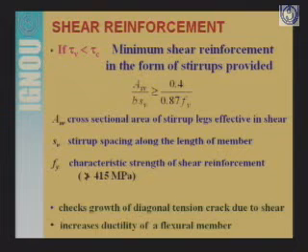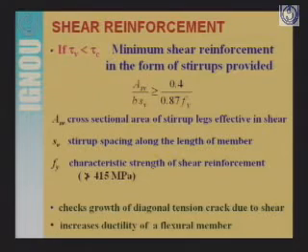By comparing these two values, we will reach the conclusion of how much shear reinforcement should be provided. So in the first case, if the nominal shear stress τv is less than the design shear strength τc, in such situations we will provide minimum shear reinforcement, and this minimum shear reinforcement is specified in the code.